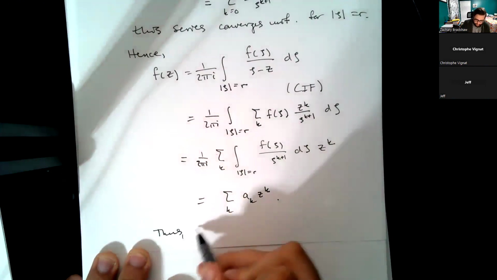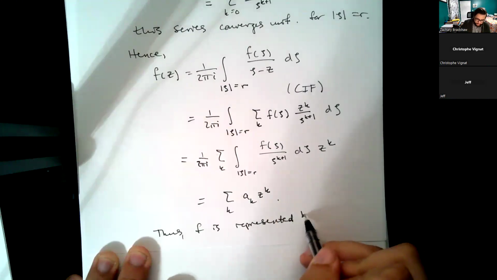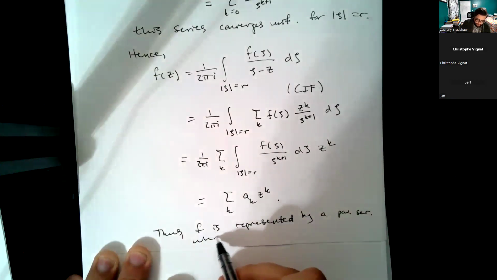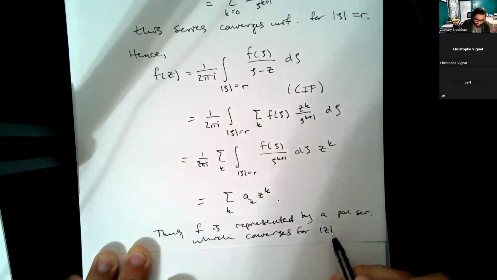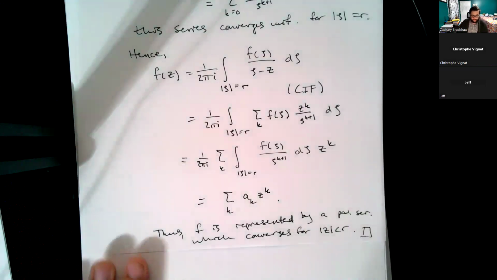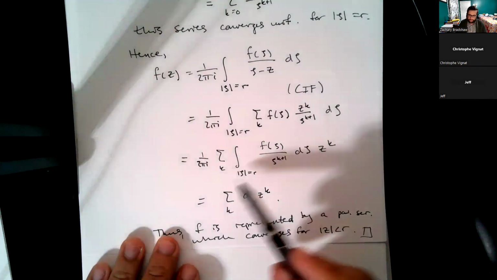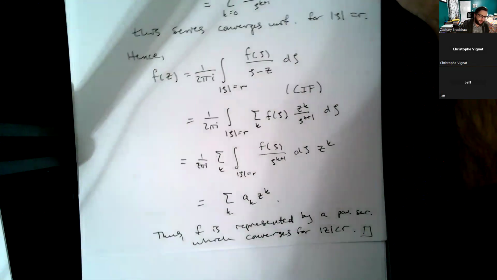Thus, f is represented by a power series which converges for modulus of z less than r. Okay, so this is the power series and these are the coefficients. All right, so we have both directions. This is great. If you have a power series, it's analytic, and if you have an analytic function, well, it is in fact a power series, or at least it can be represented by one in some region.